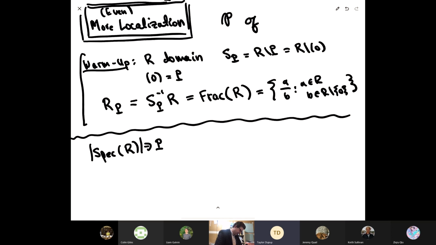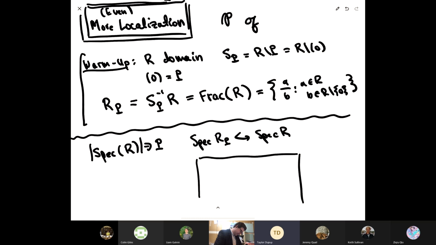So let's do this. I had Spec R_P, this goes into Spec R. The way that I drew it was, if this is Spec R, and here is P, then I drew a circle around it. Does this make sense why I only drew a circle around this thing?